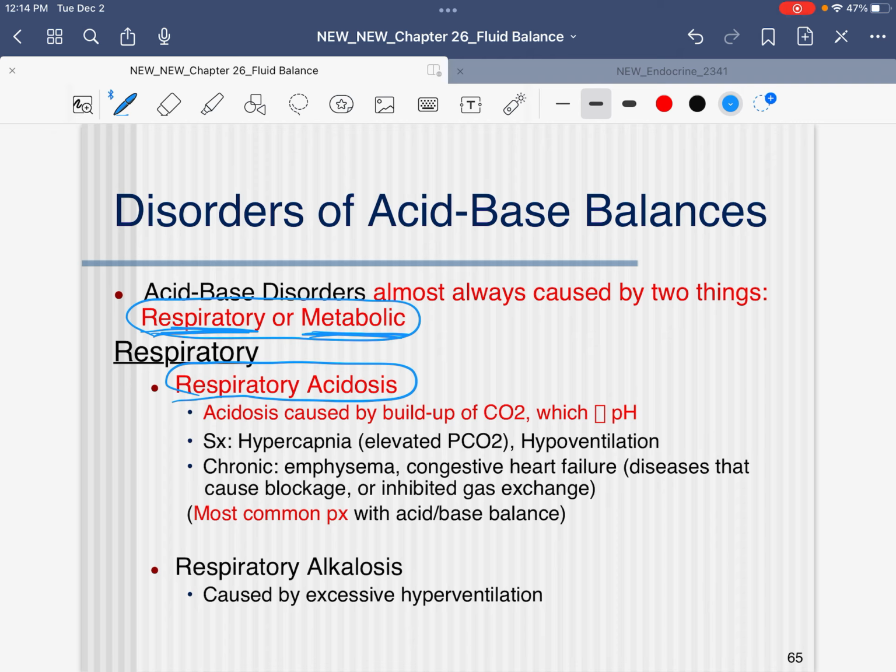When we say respiratory acidosis, it means that the blood pH dropped below the normal range due to a buildup of CO2. So the acidosis was caused by a respiratory problem.